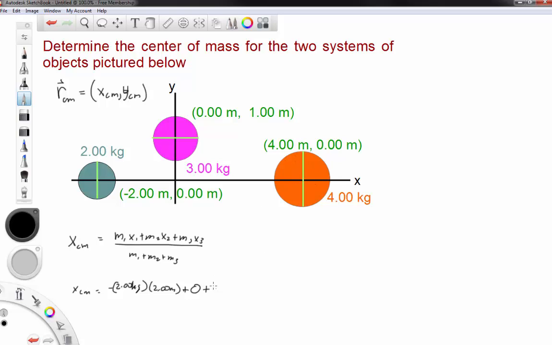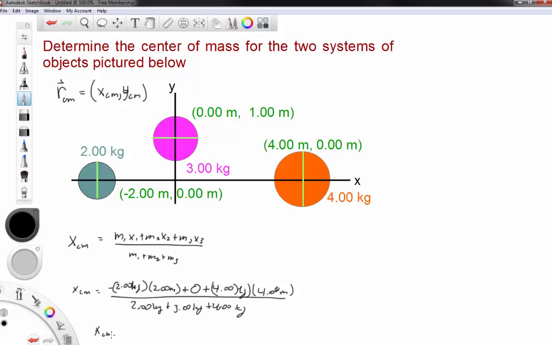To that we're going to add 4.00 kilograms times 4.00 meters, and then that is getting divided by 2.00 kilograms plus 3.00 kilograms plus 4.00 kilograms.